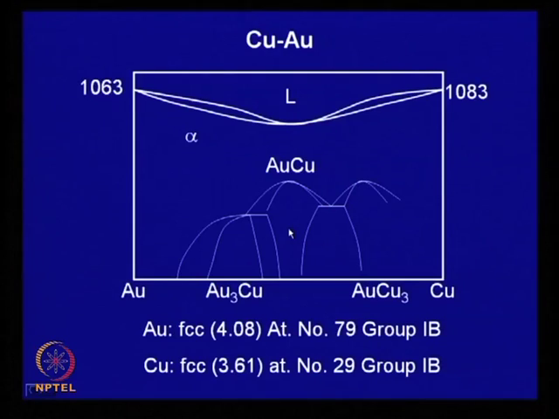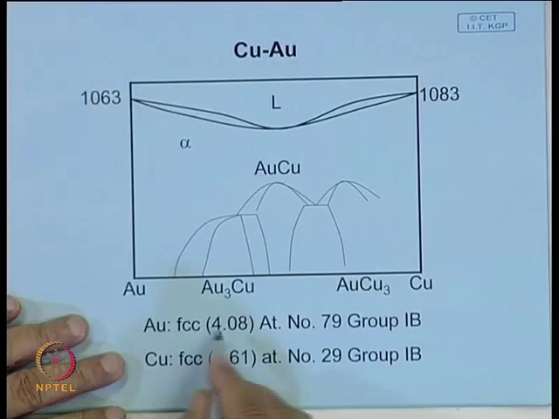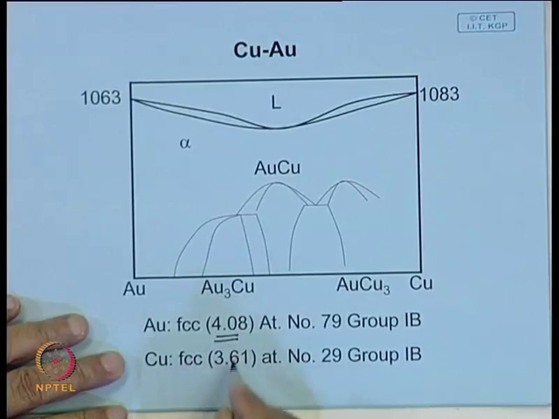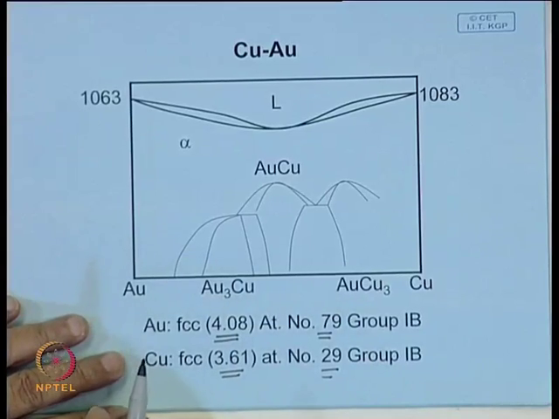So, therefore, we say that in the ordered structure something develops, and all this follows because there is a deviation from ideality. If you look at their atomic lattice parameter, there is a slightly larger, a little more difference there. Look at their atomic number, there is a large difference in their atomic number.